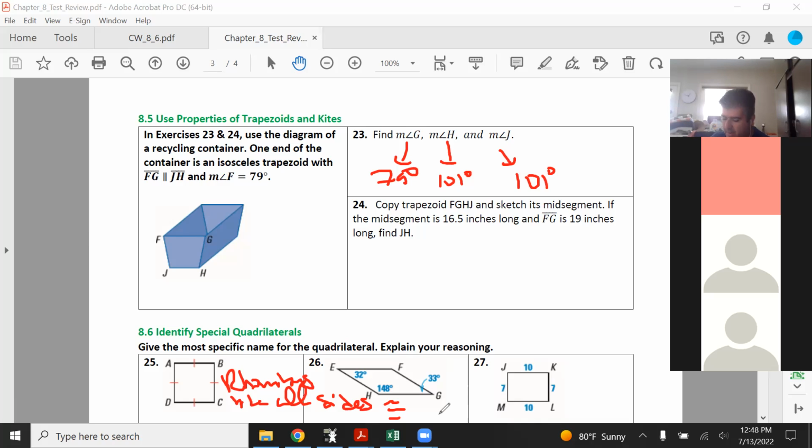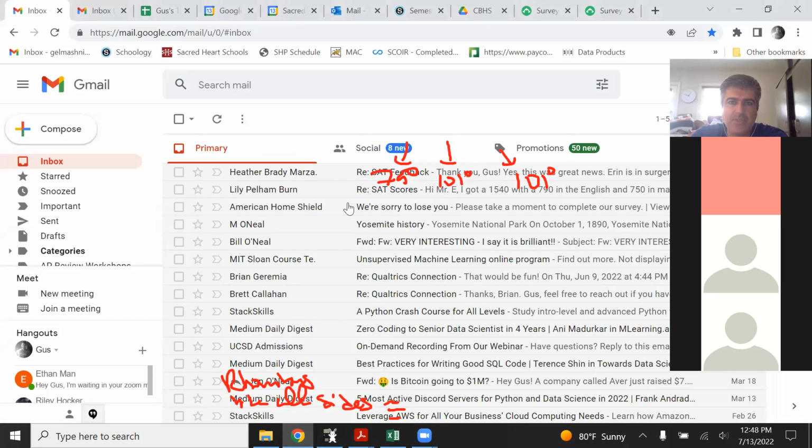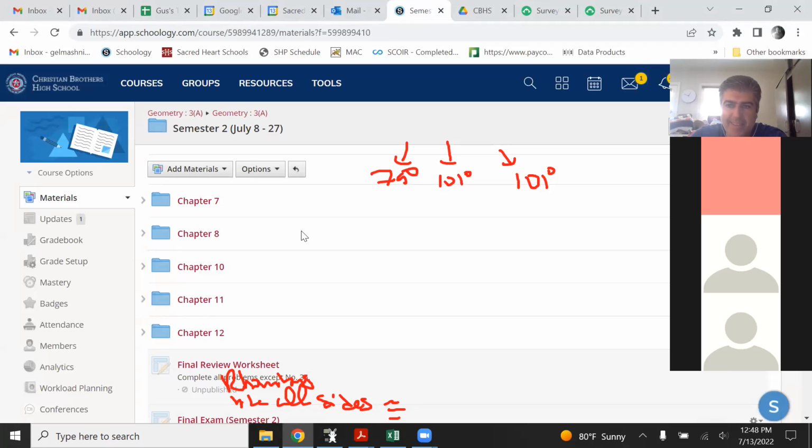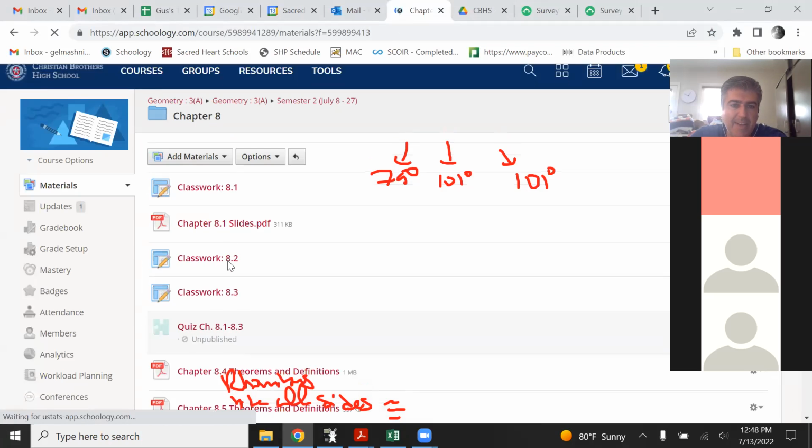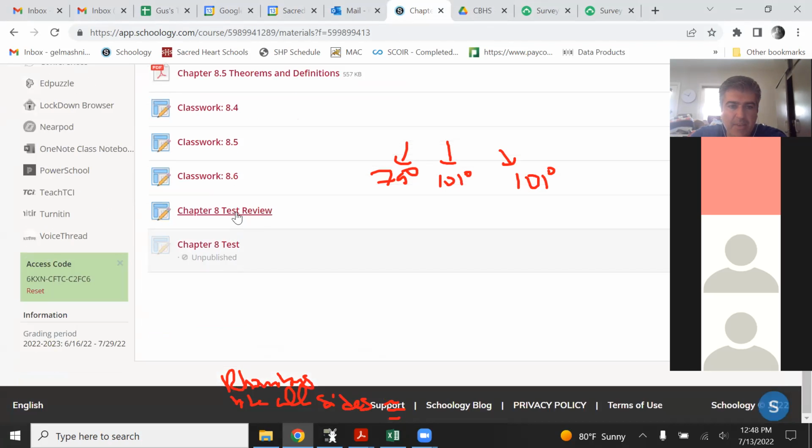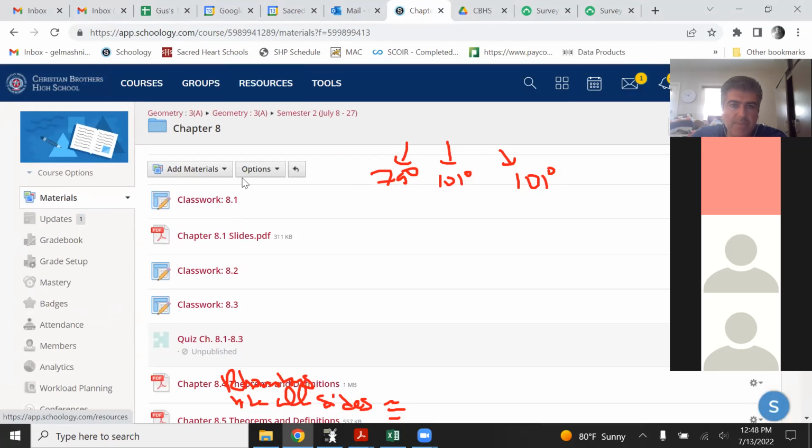Sorry that I don't have a hard copy of it. I thought I put a copy. I apparently did not. So I'll post it to Schoology. Actually, let me just do it now so I don't forget. So it's there because some of you guys might want to work on this. I thought you guys had a chance to work on it. It is here, chapter 8 test review. It is there, obviously, but I didn't photocopy it.